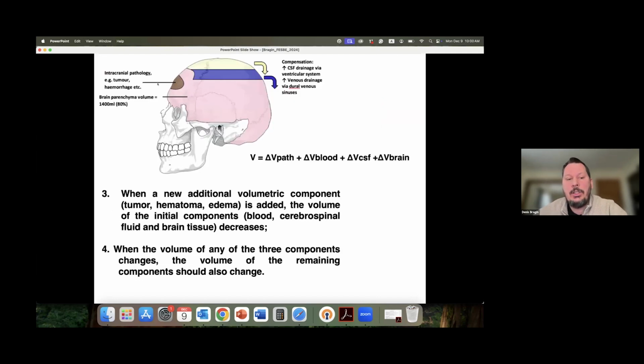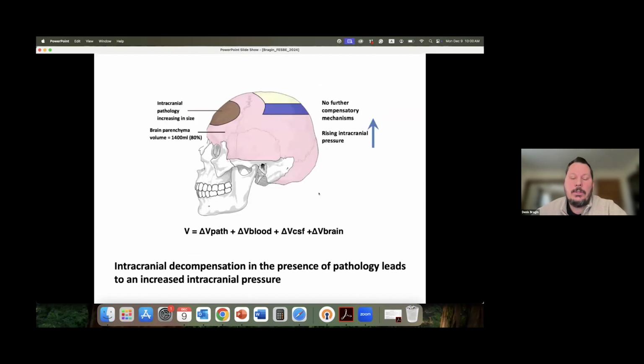If there is any change in the volume of any of the components, for example tumor or hemorrhage, it should be compensated by a reduction in the volume of other compartments, which is the compensated state. However, if the intracranial volume of one of the components increases too much and there is no more compensation, then due to the rigidity of the bone cavity, the intracranial pressure rises.